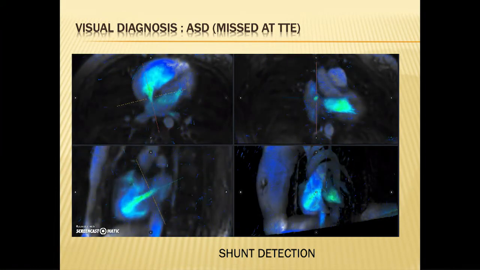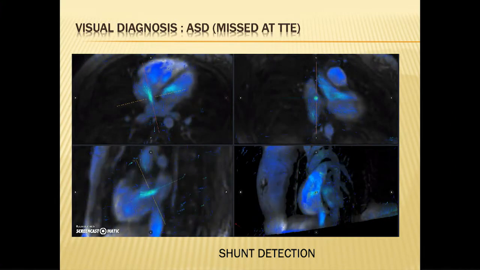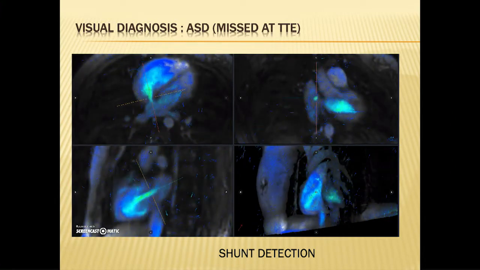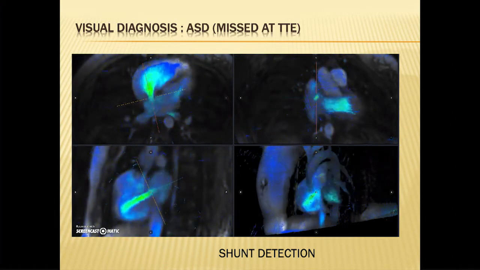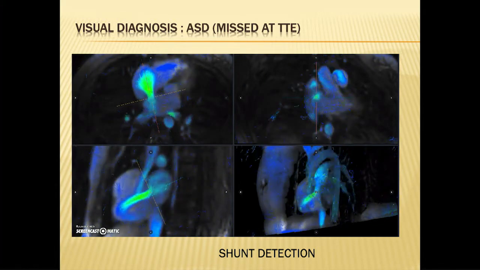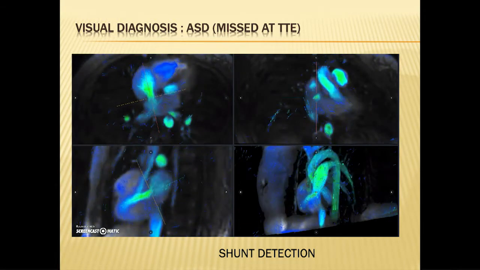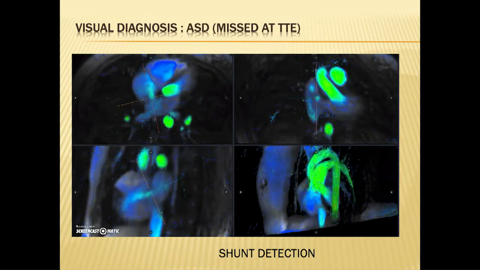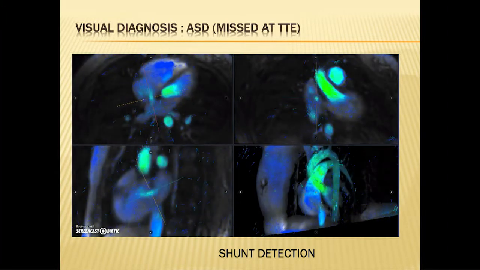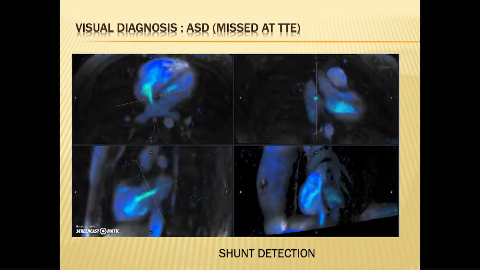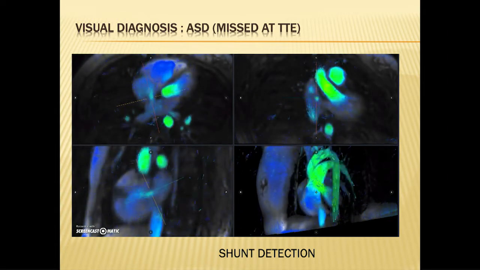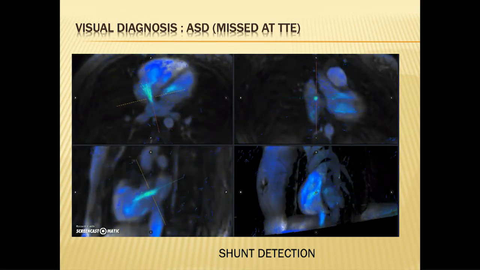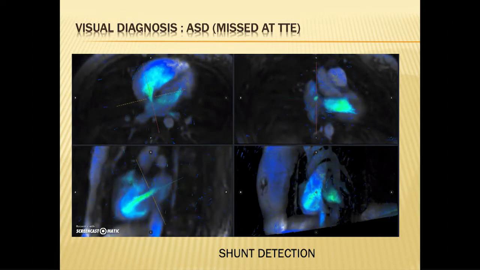This is a case of atrial septal defect, which is really obvious here. You see the flow from the left atrium to the right atrium in the different incidences. It's a nice looking image. And this was completely missed by TTE.